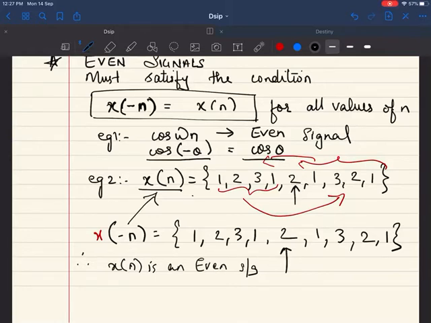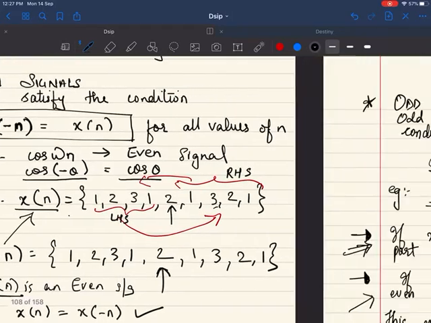When we take the reverse of x of n, the origin remains at the same place. The right side of the origin and the left side of the origin are swapped and you still get the same answer. So x of n is an even signal because x of n and x of minus n are the same.